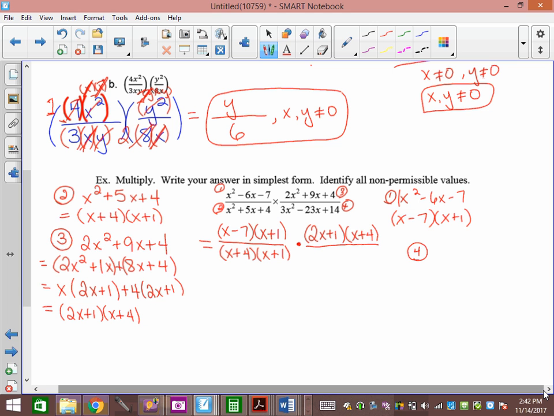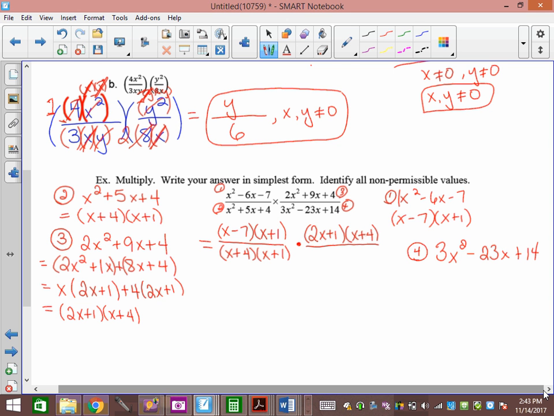Number 4 is decomp again. What multiplies to give me 42 and adds to give me negative 23? Negative 21 and negative 2, but, oh, it's a plus.